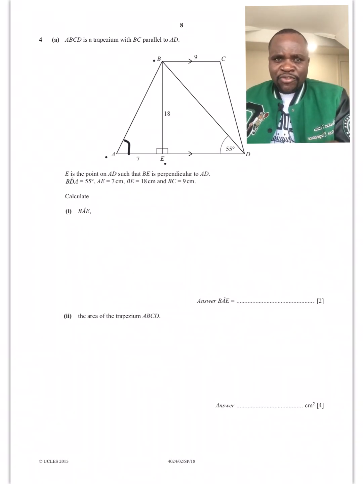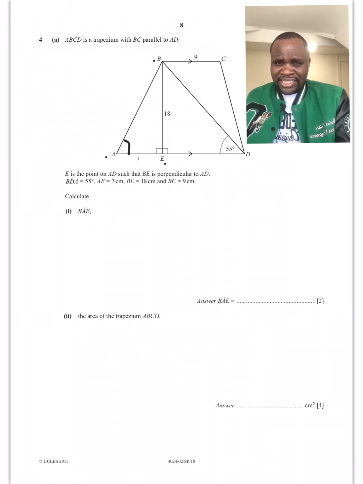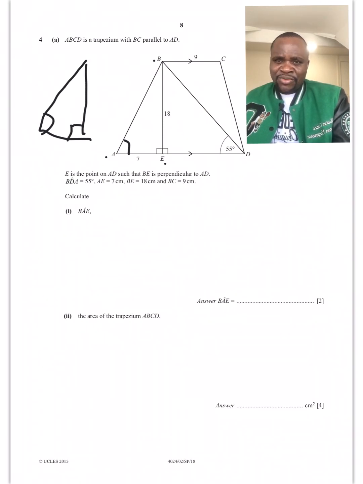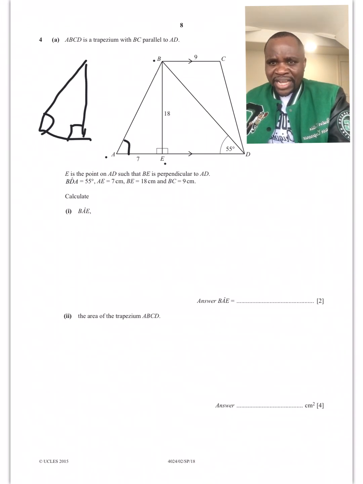In order for us to calculate this angle, we need to understand that it's a triangle that we are seeing there. This angle is the one that we want to calculate. This is a right angle triangle. It has got a 90 degree angle there. We are told the dimensions: we have 7 and then we have 18.